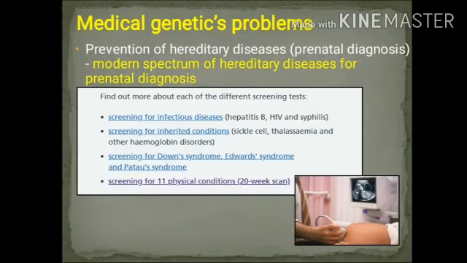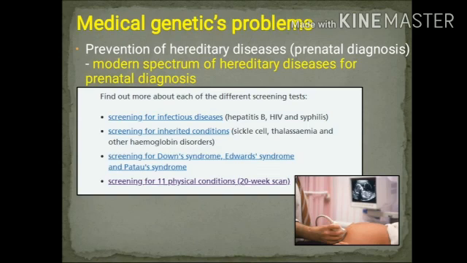In this slide, you can see the modern program of prenatal diagnosis. It includes screening for infectious diseases such as hepatitis B, HIV, and syphilis; screening for inherited conditions, sickle cell, thalassemia, and other hemoglobin disorders; screening for Down syndrome, Edwards syndrome, and Patau syndrome; and screening for 11 physical conditions.